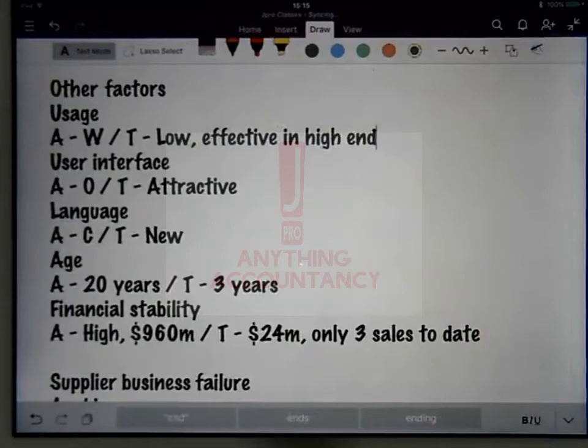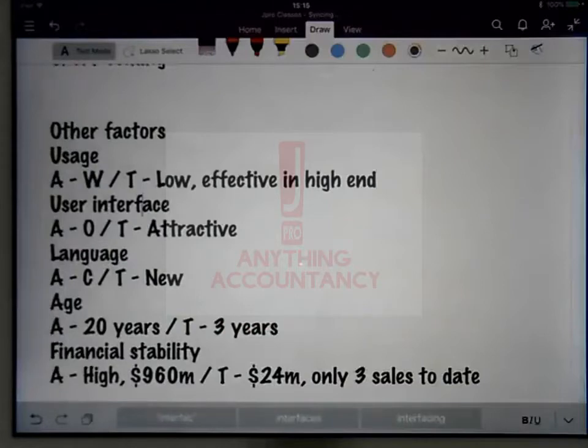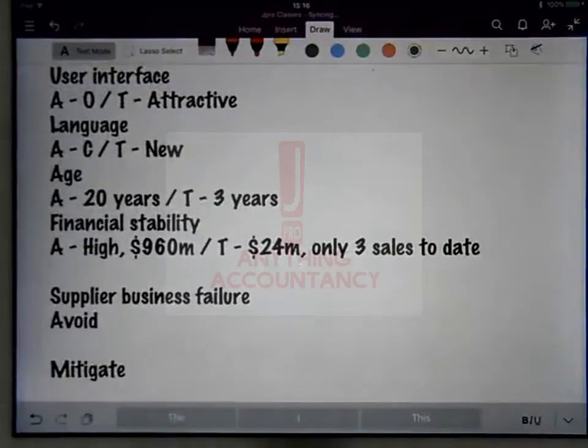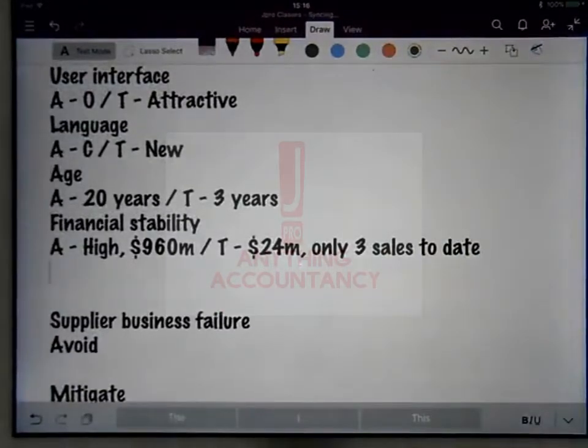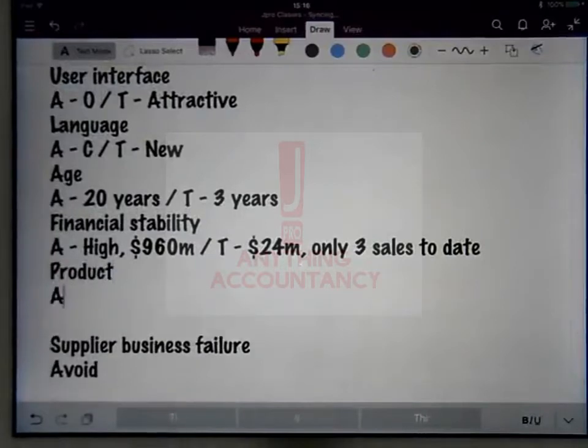Done. You see how the marks were created already? Are we clear on that?